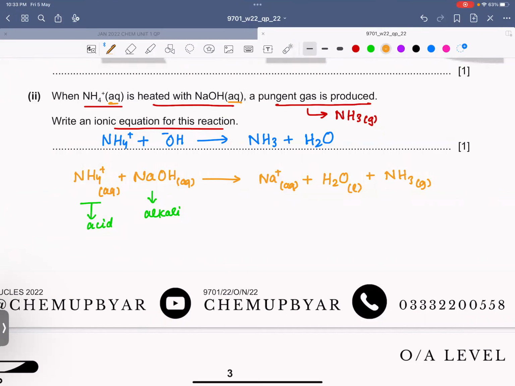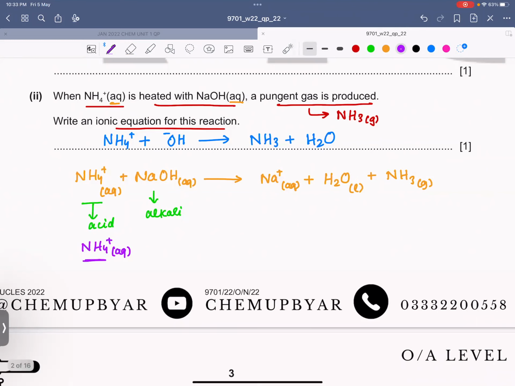Yes, sir. Okay. Now, if you recall, to make an ionic equation, what would we do? We split the aqueous compounds into ions. So it's already split. We don't know whatever the anion is with the ammonium. It can be a chloride, or a nitrate, or a sulfate, or a phosphate. It is for sure a spectator ion. That's why the examiner didn't mention it. So aqueous ammonium ion.